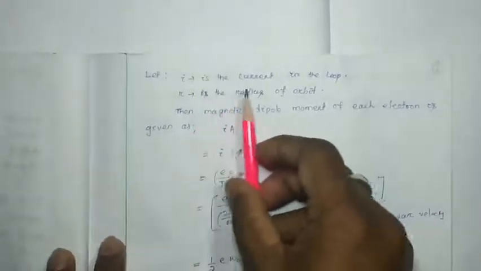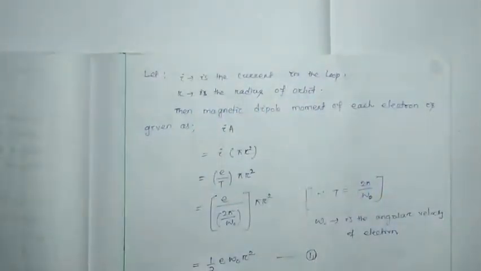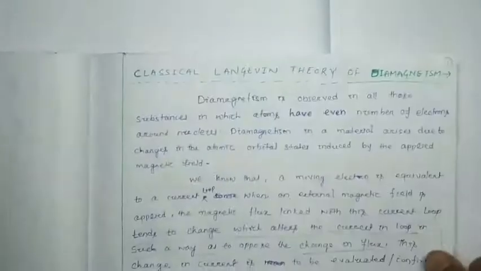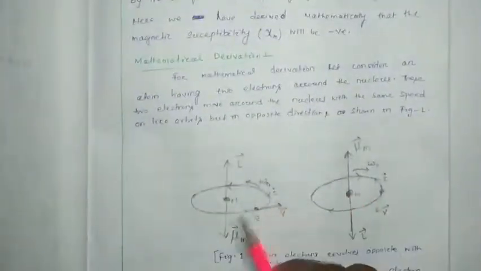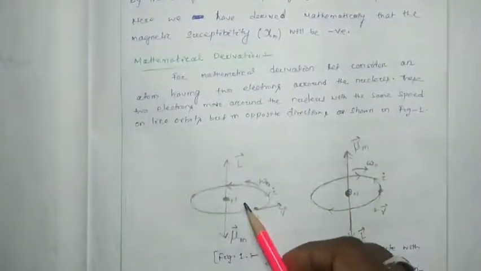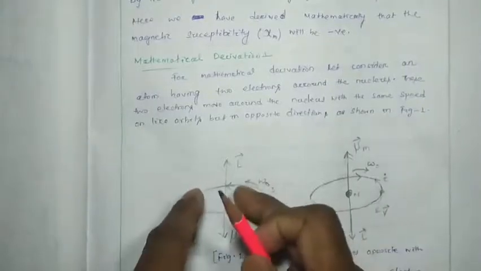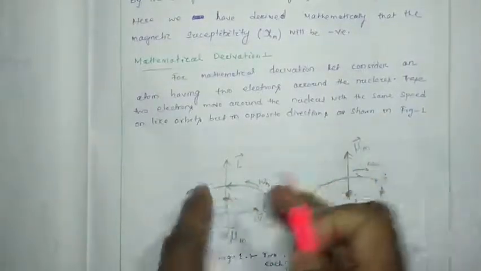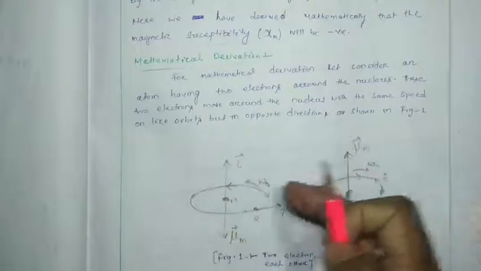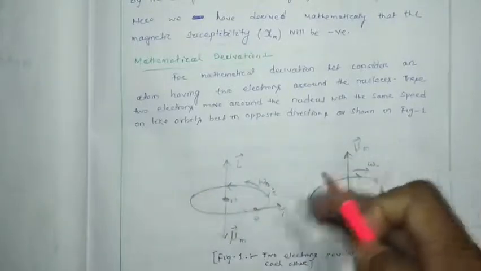Let I be the current in the loop. In the first page we considered the 2 loops. For the first electron, this is the loop. Same loop, same orbit, but it is revolving this side anti-clockwise, and the other clockwise. So suppose we consider any one of the loops.